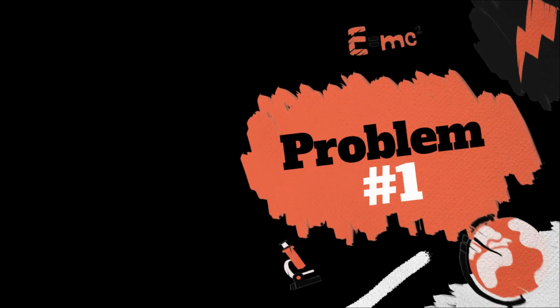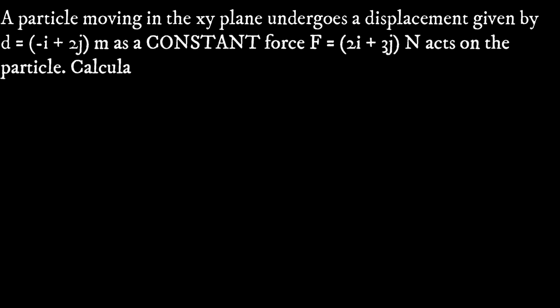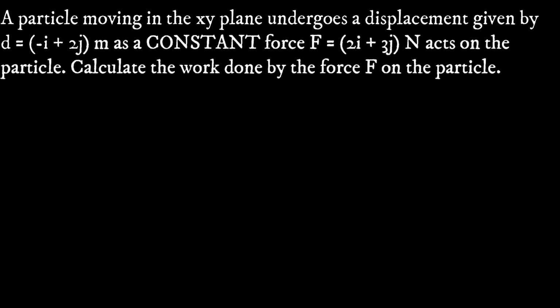Problem number 1. A particle moves in the xy plane, undergoes a displacement given by d equals minus i plus 2j meters, and a constant force of F equals 2i plus 3j newtons acts on the particle. Calculate the work done by the force F on this particle.